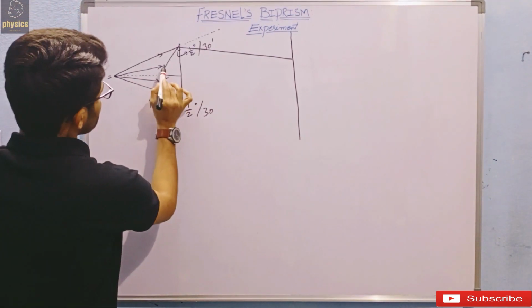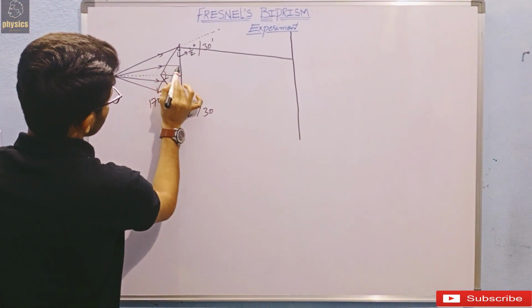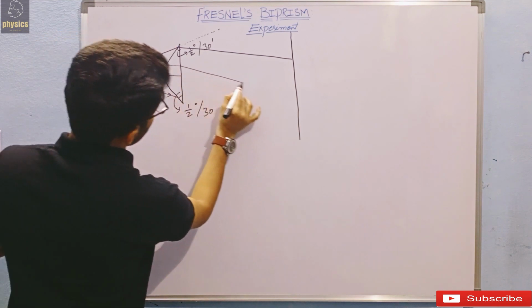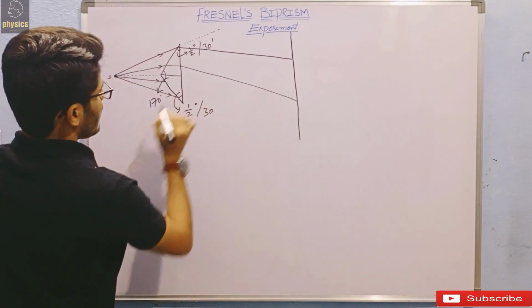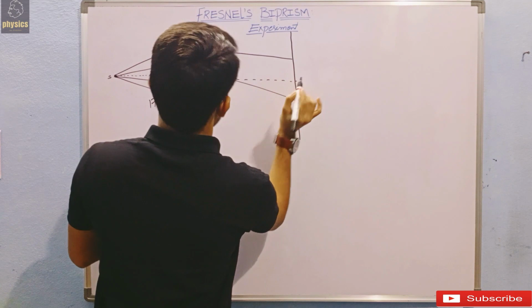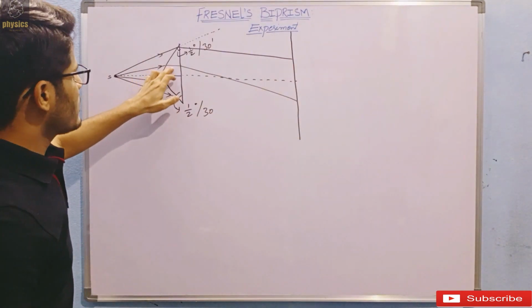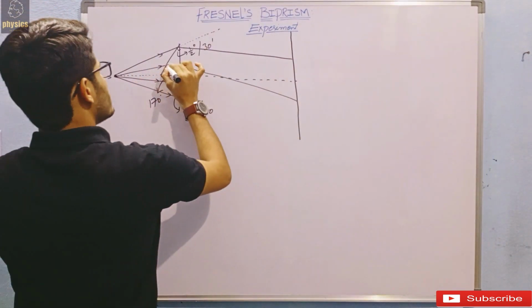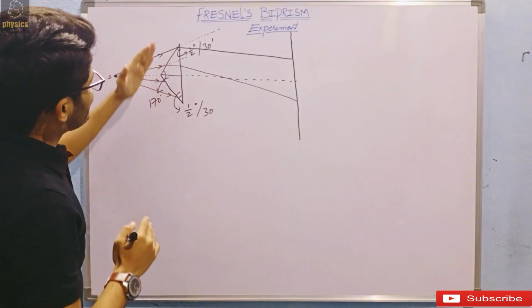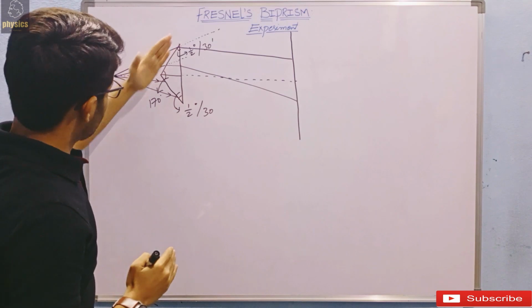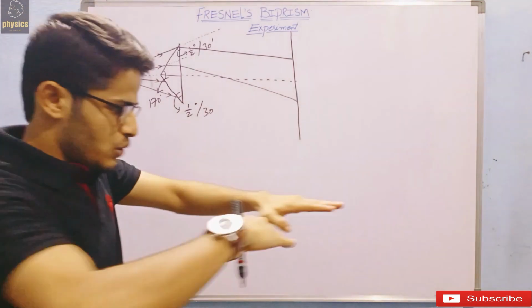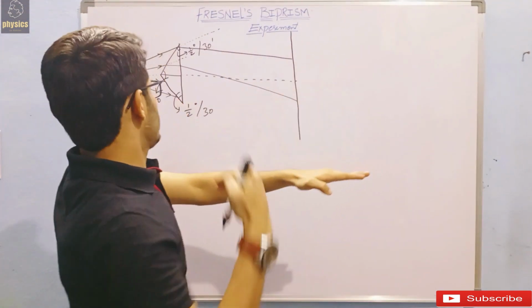Similarly, this light ray will also get bent like this, and this is the straight one. Now this light ray will also get bent. Actually it should take something like this path, but because of the cutting, because of the angle of the prism, it will bend towards the base of the biprism.